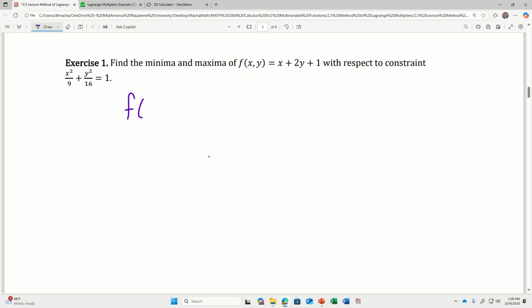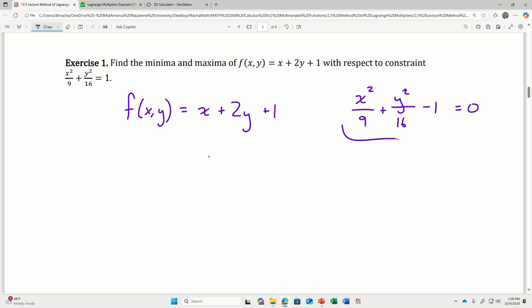So we've got a nice linear function and then an elliptical constraint. So I rewrite the constraint so that the right-hand side is 0. And then this is my function g on the left side of that constraint equation.